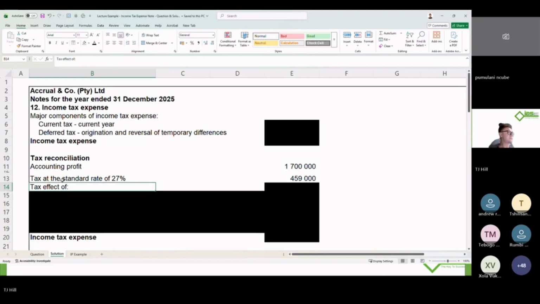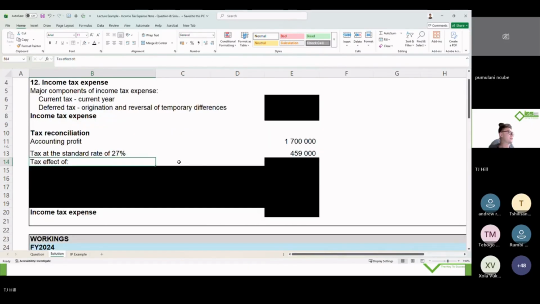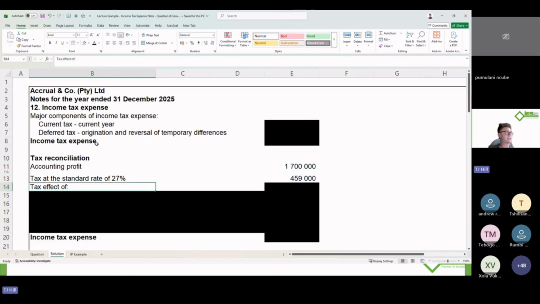Cool. Right. And will the note always look the same? Not necessarily. Okay, I have a few extra slides on reconciling items and what the disclosure should be that you can work through in your own time, but we're sort of going to cover all of it here.